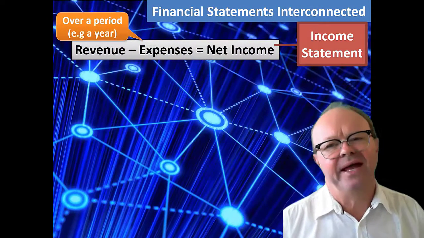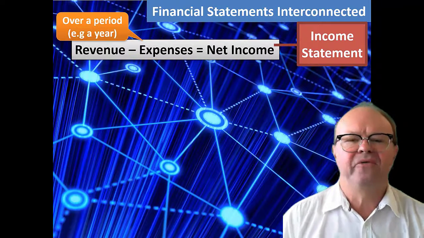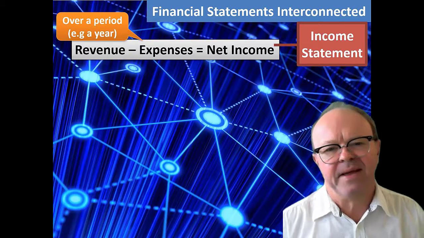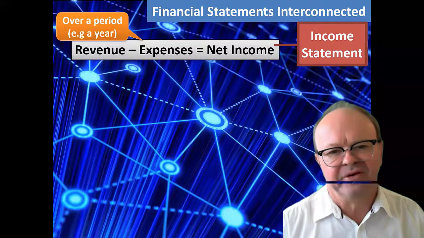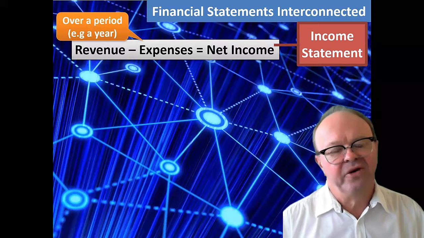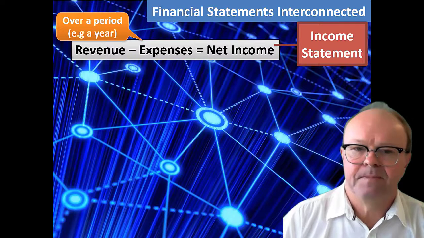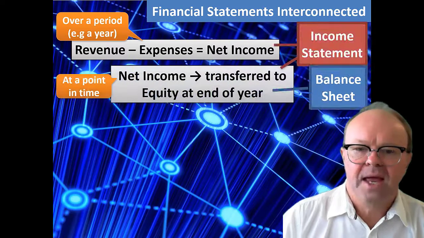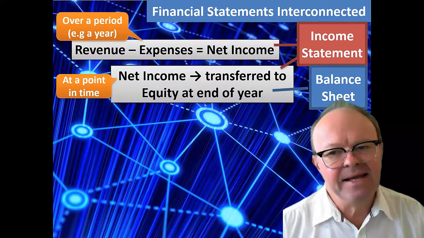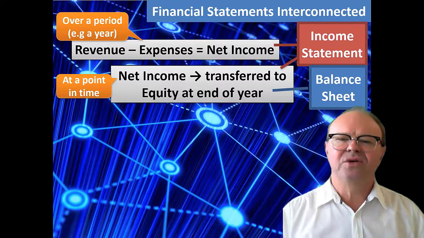So how are the financial statements interconnected? Well, over a period, for a year, the income statement shows revenue less expenses equals net income or profit. The revenue and expenses are over a period, over a year. And that's what the income statement shows us. Now, at a point in time, at the end of the year, net income, that's the bottom line of the income statement, is transferred to equity.